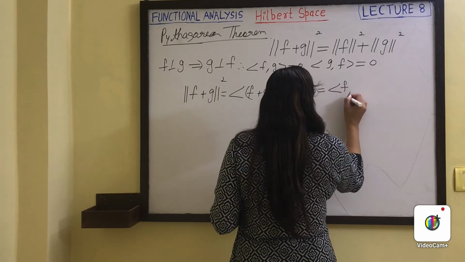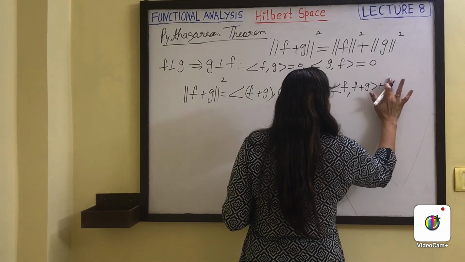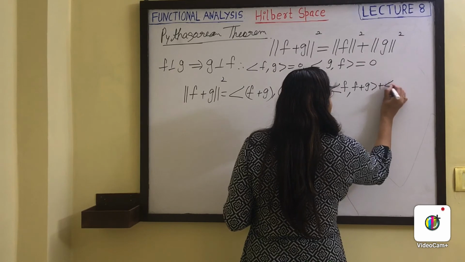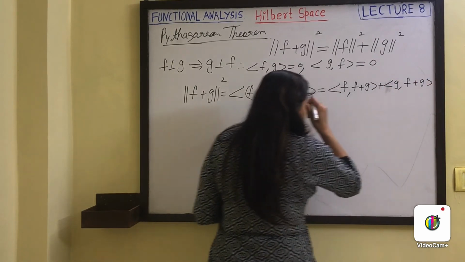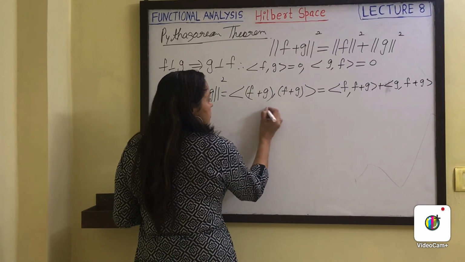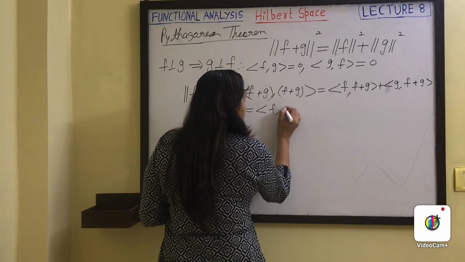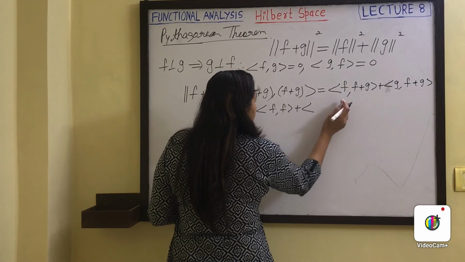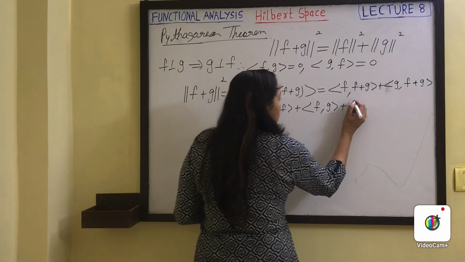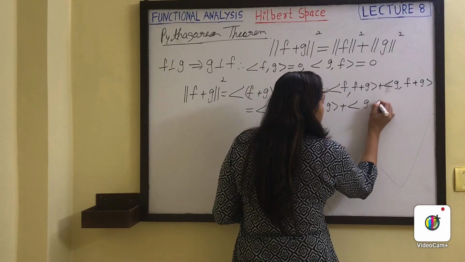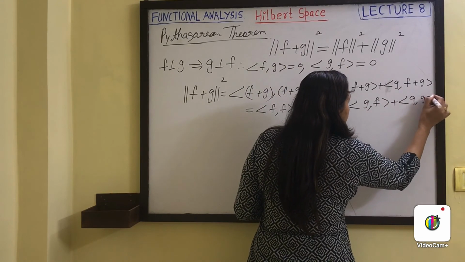Here we can use the distributive property, and again f comma f plus the inner product of f comma g plus the inner product of g comma f plus the inner product of g comma g.